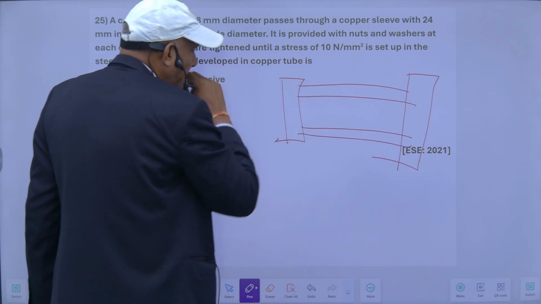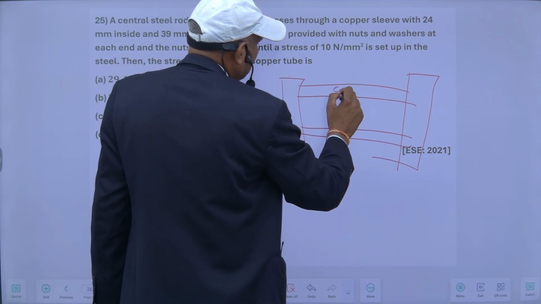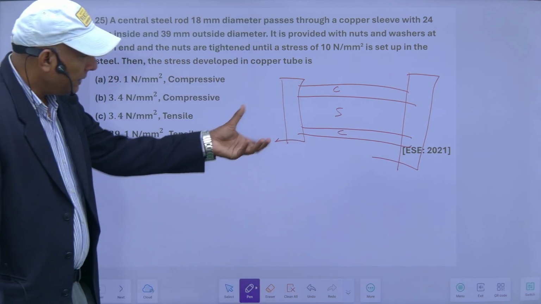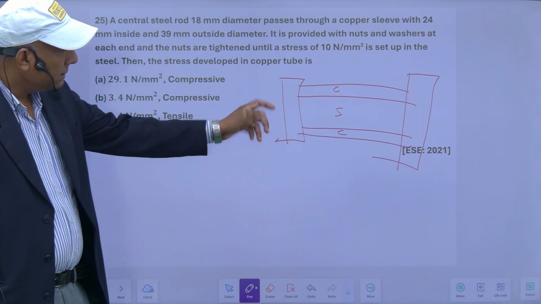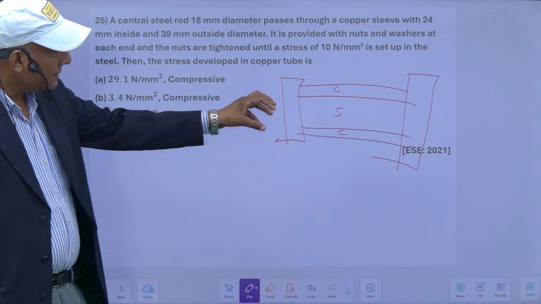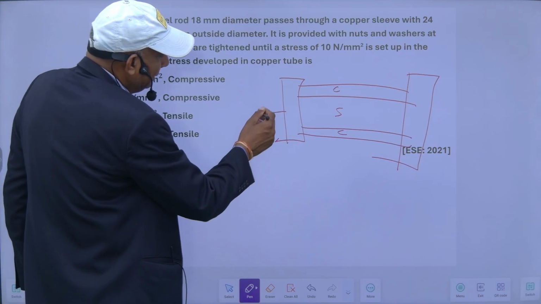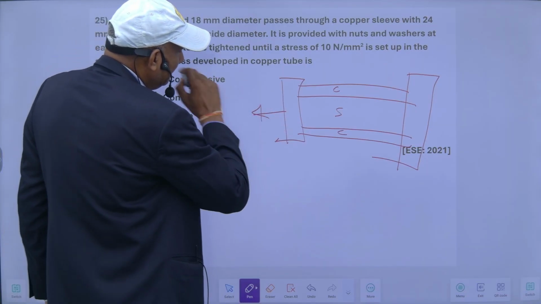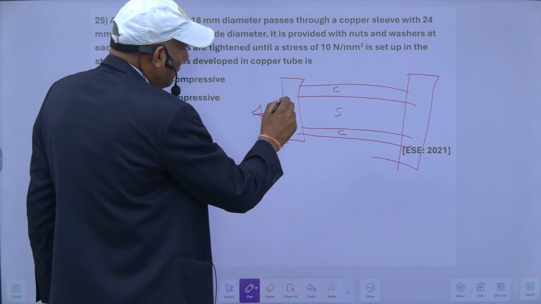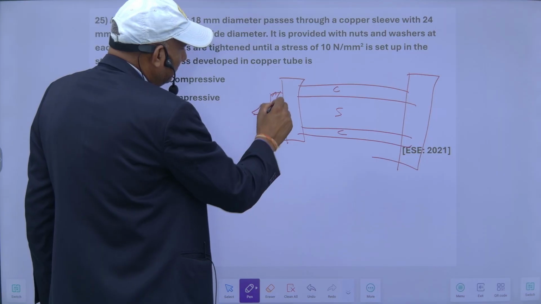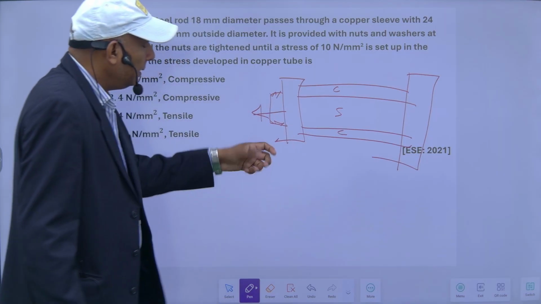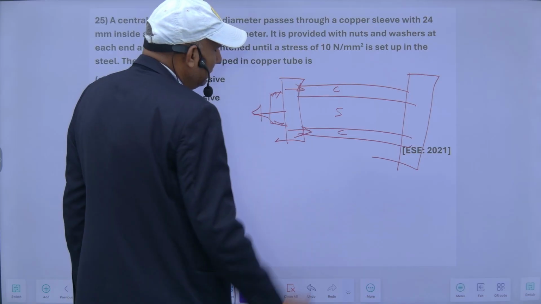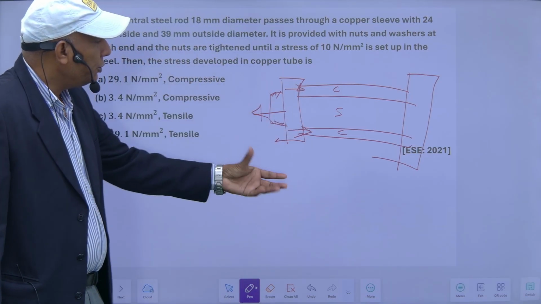So this is copper and this is steel. So what will happen when you tighten this? Tensile force will be exerted on the steel, and parallelly compressive force will be in the copper tube.